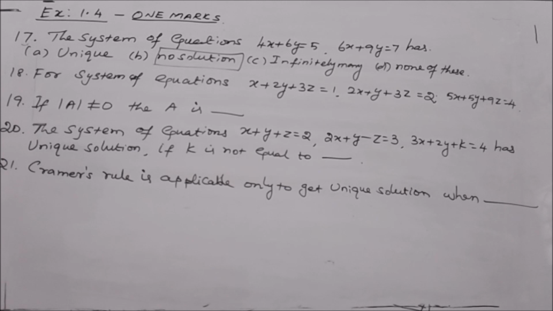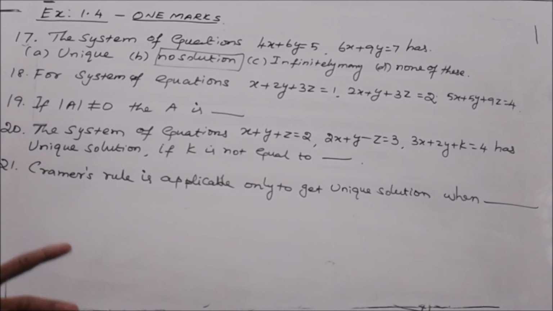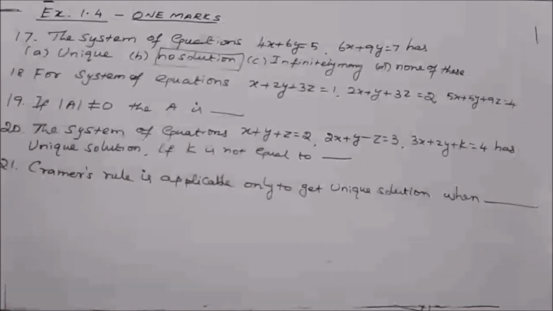There are four options given here. Option A, there is only one solution, that is, a unique solution. Option B, there exist infinitely many solutions. Option C, there is no solution. Option D, none of these.